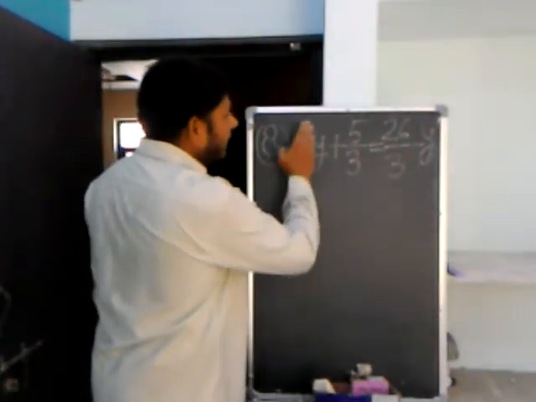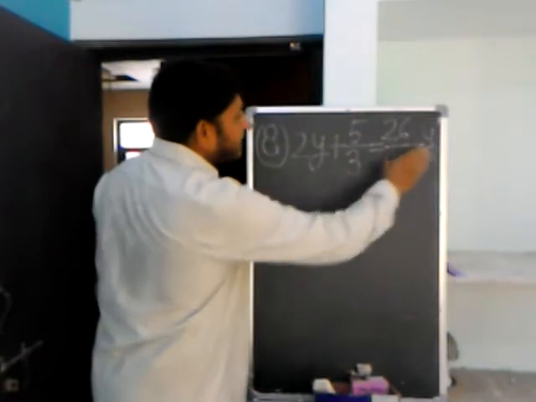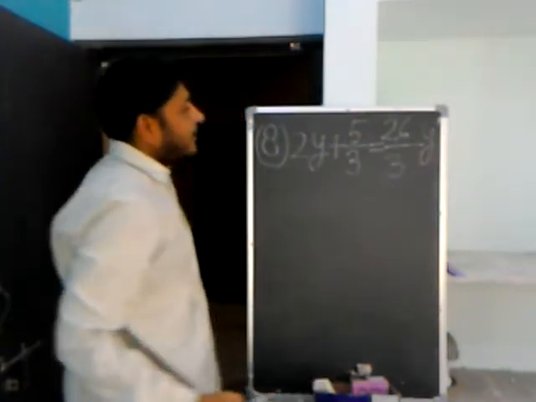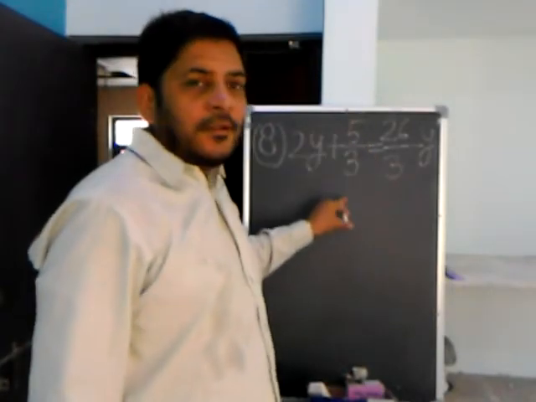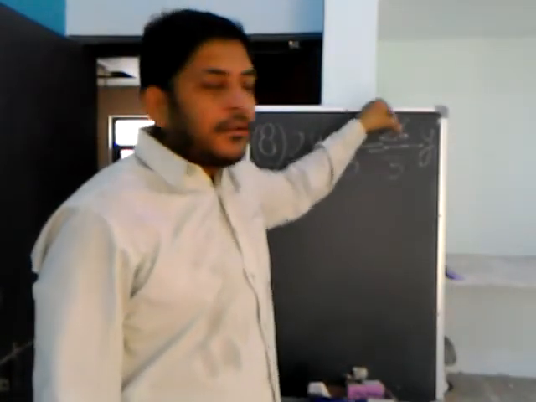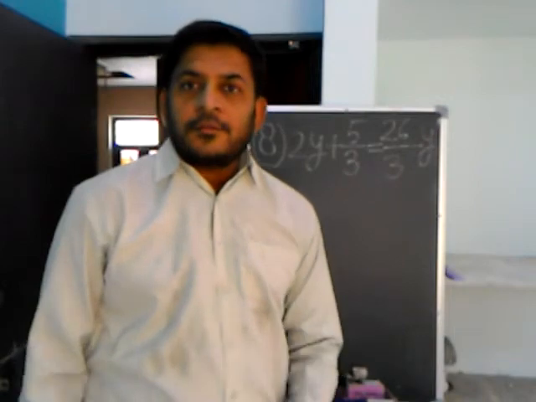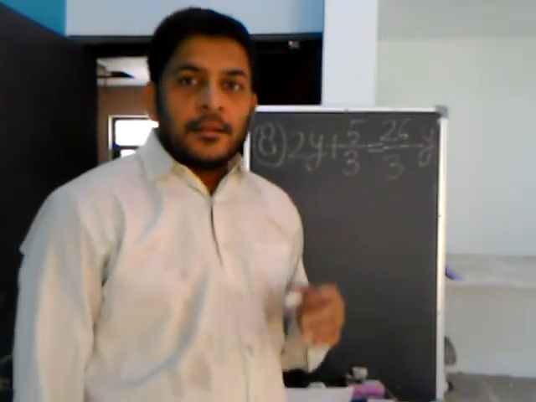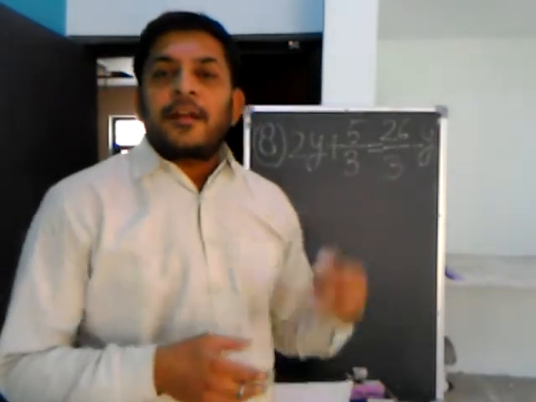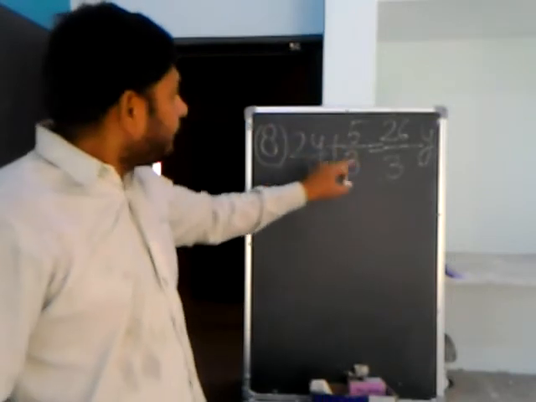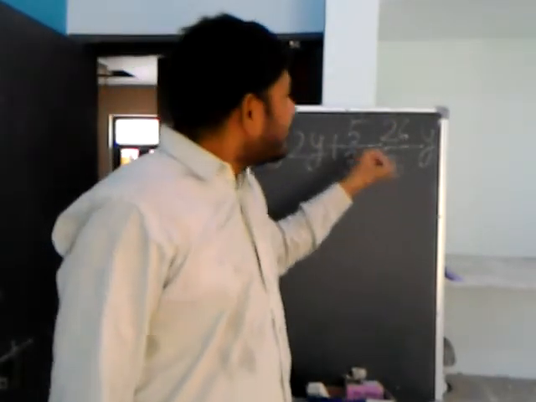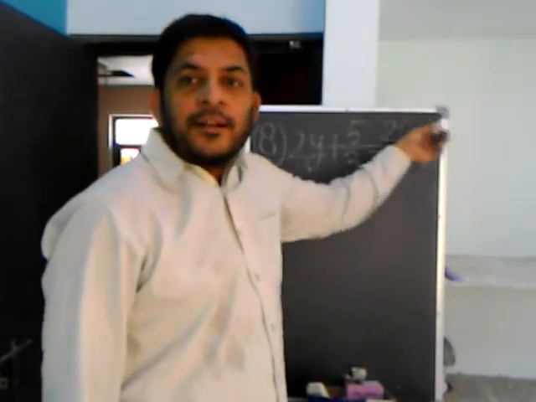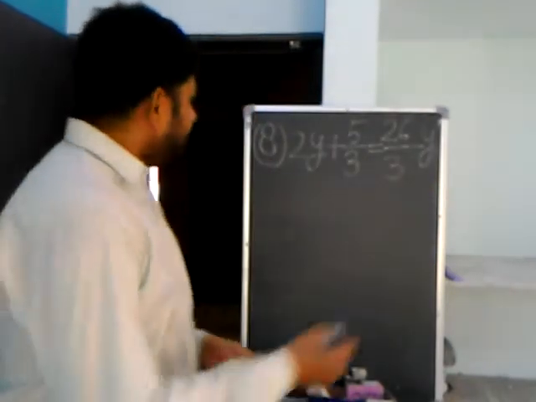One variable part, that is 2y, is on the left side and another is on the right side. Similarly, one constant part 5 by 3 is on the left hand side and another is on the right side. And we also learned that the variable part is taken to the left side of the equal sign, and the constant part or simple part is taken to the right side.